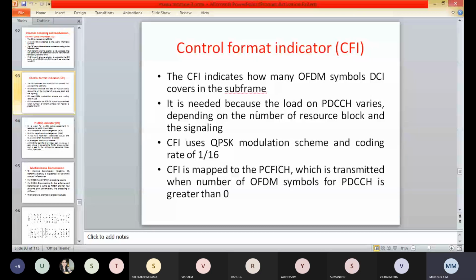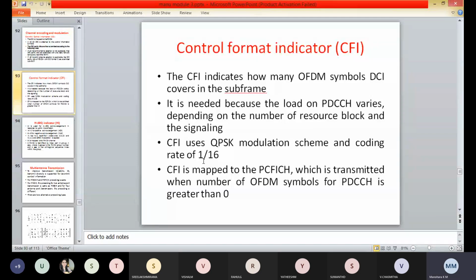The CFI uses a block code predefined based on (3,2) simplex coding with repetition, giving a coding rate of 1/16.